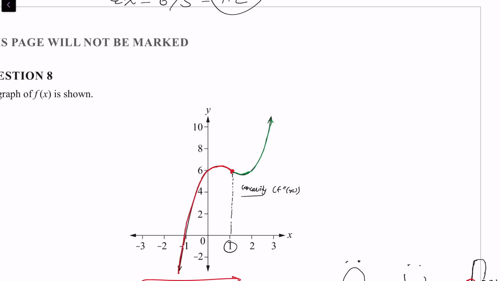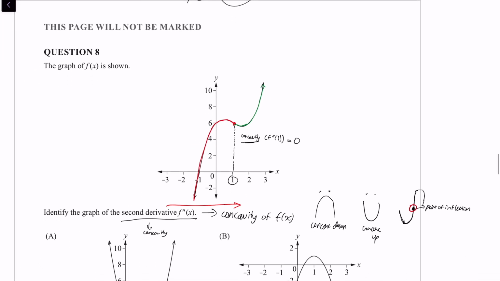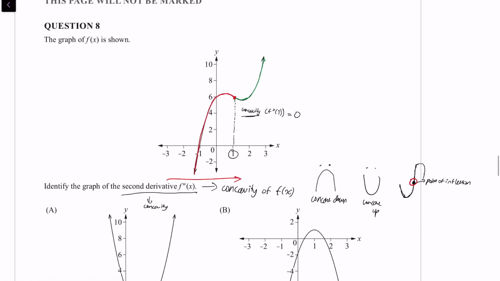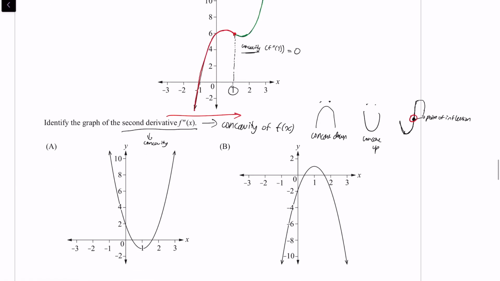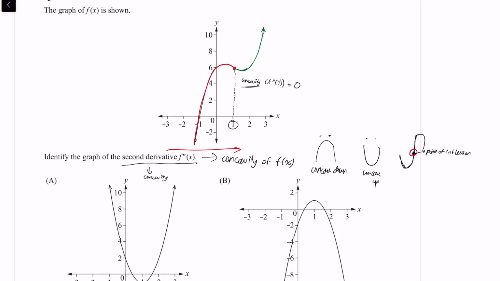That's what concavity refers to. We know that the concavity of f dash dash, specifically at x equals 1, is equal to 0. So we need to find a graph where the graph has a value of 0 on the y-axis when x equals 1.